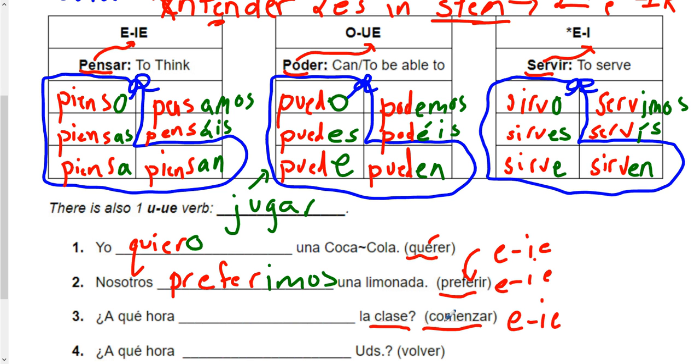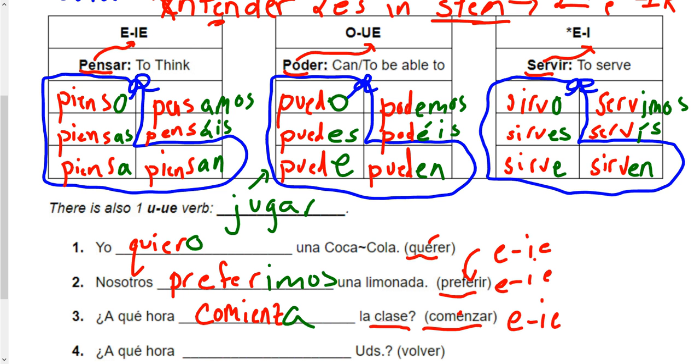Okay, so this E will stem change. It's going to be comienz because la clase would be like he or she or it. So it's inside the boot. And then our ending, because it's third person singular, is a, comienza.